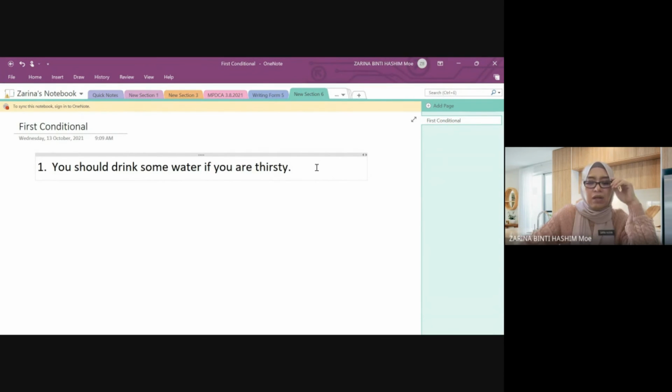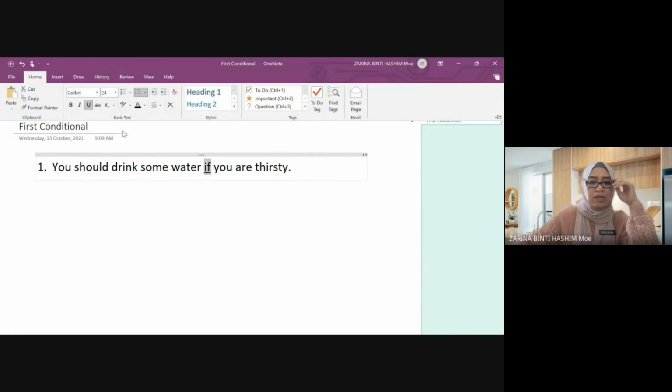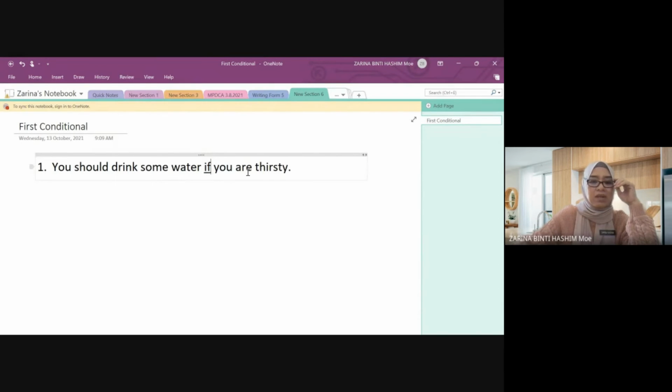What differentiates this sentence from zero conditional? The word if is there. You underline if. So this one has if, that means this is conditional. But we don't know whether this is zero or first. The next thing you should look at is the word should.